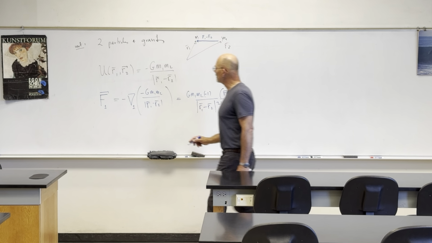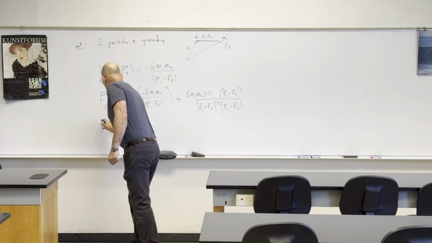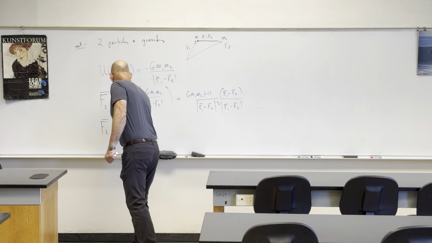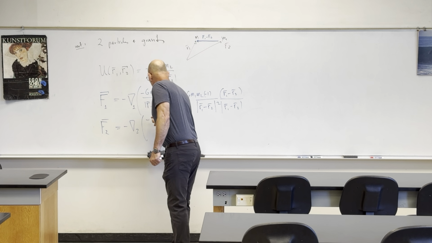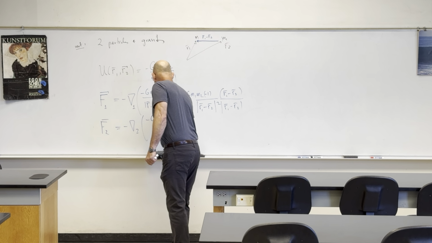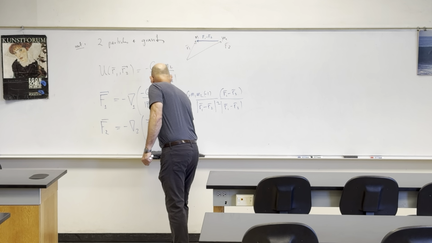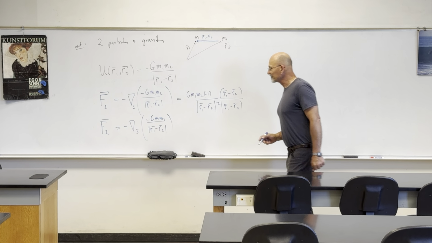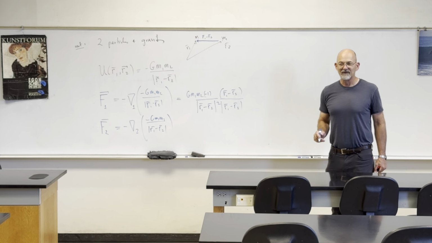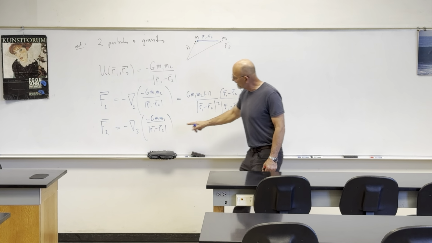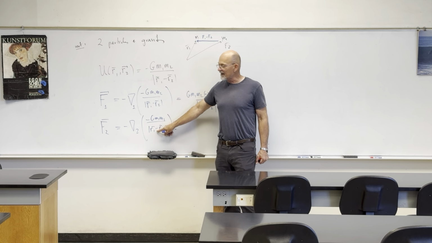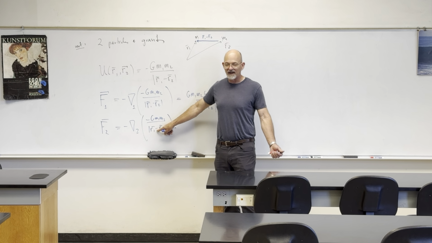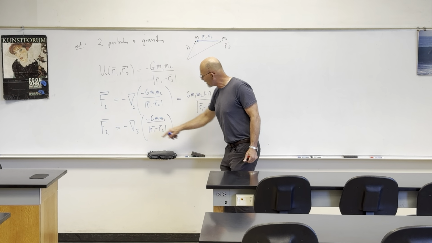Now F sub 2 is going to be minus gradient with respect to the second particle of this potential energy. But what's the only difference in those two calculations? The only difference is that the chain rule is going to give me one more minus sign, when I do the final chain rule, because I'm differentiating with respect to R2 instead of R1.